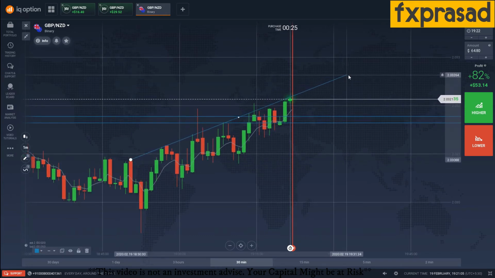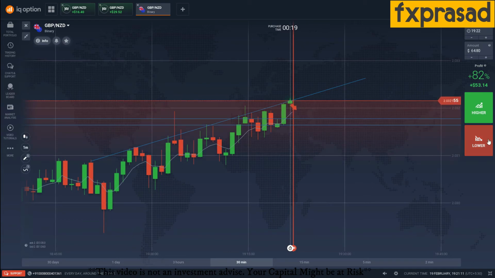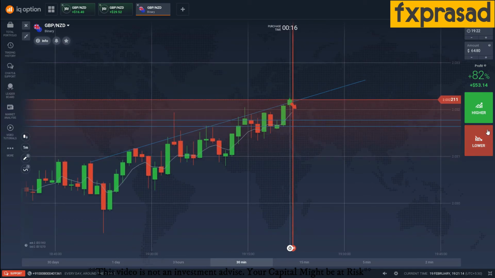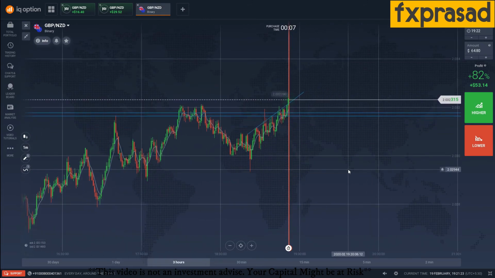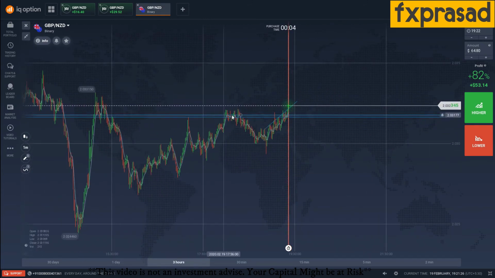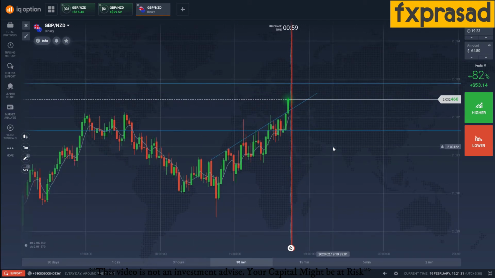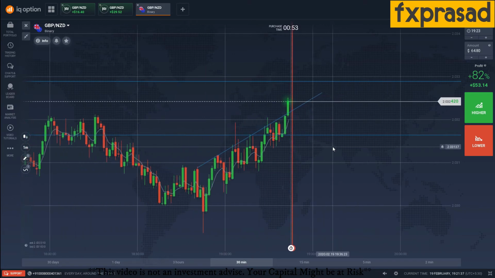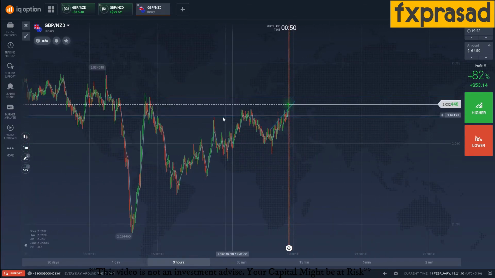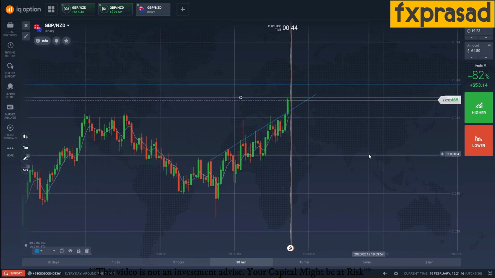In this type of situation, we wait for the right momentum because of this very strong movement. The market will continue. The next level is here. Very strong buyers entry. I think this is the next level.